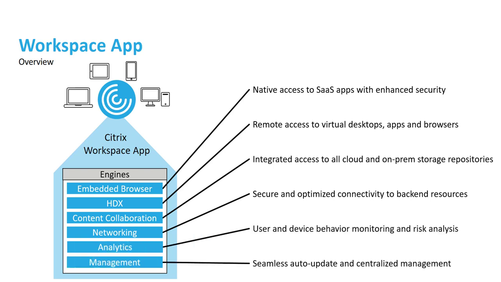There's also the content collaboration engine that gives you access to different storage repositories: ShareFile, local network shares, OneDrive, Google Drive, and so on. While the networking engine optimizes network traffic, and provides SSL VPN as well as micro VPN capabilities for certain applications.